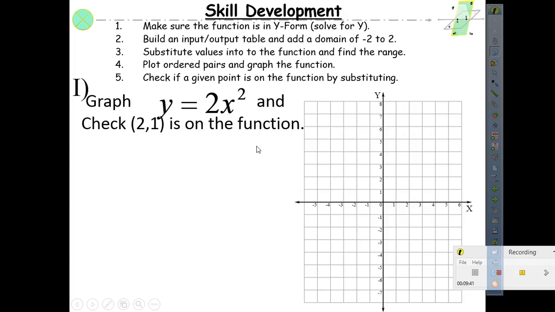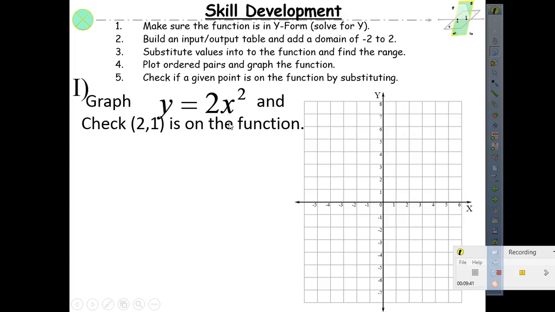At the top right, you're going to copy number 1, graph y equals 2x squared, and check if (2, 1) is on the function. So this is going to go pretty quick, so stay with me.